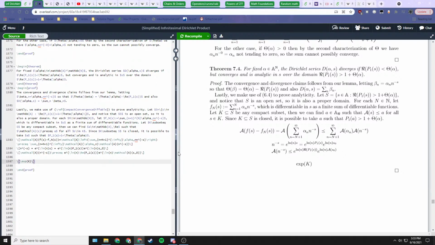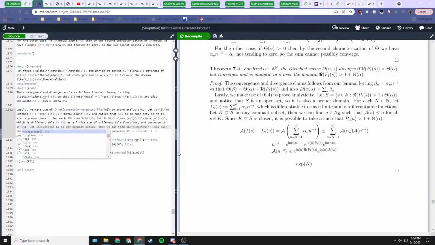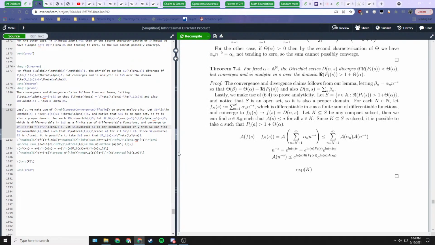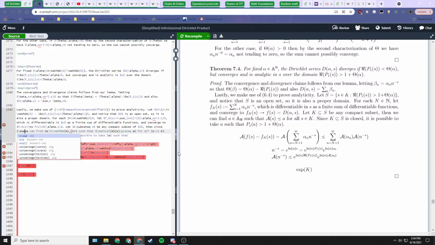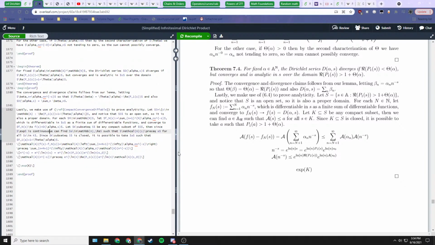Okay, so for each n we have these functions which are differentiable. Okay, so let K be any compact subset of S. Then since exp is continuous, also the image exp of negative K is compact.